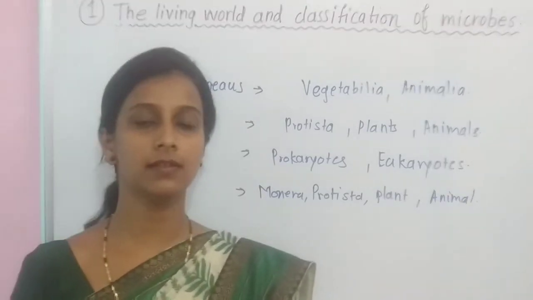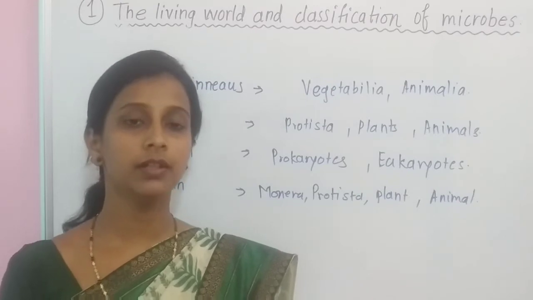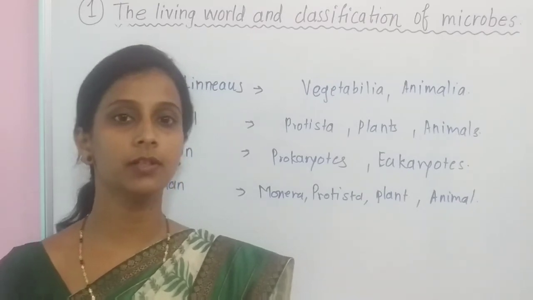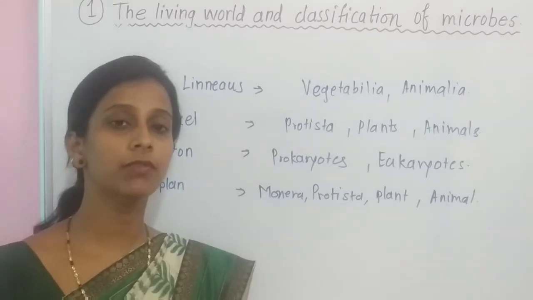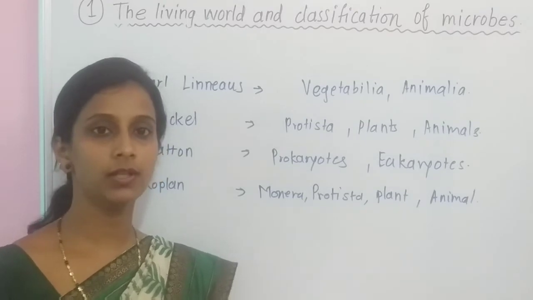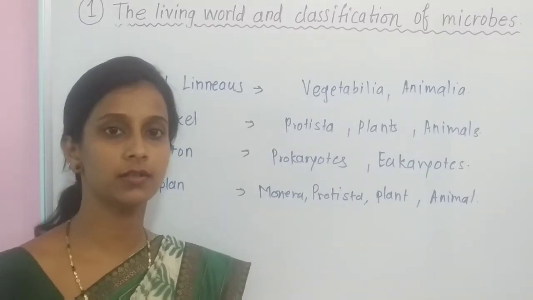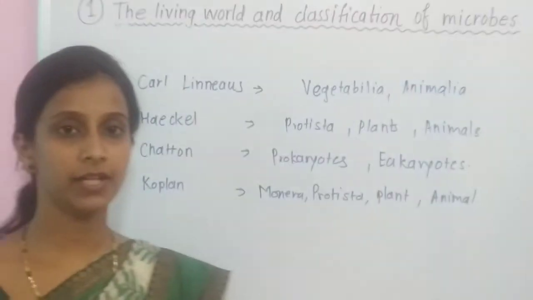Then in 1969, Robert Whittaker, an American ecologist, invented the five kingdom system. This five kingdom system is accepted worldwide till today, and now we are going to learn about the five kingdom system invented by the scientist R.H. Whittaker.